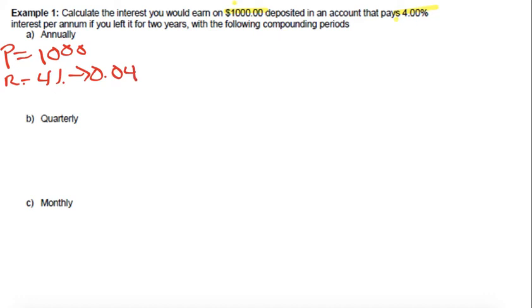N is 1 because it says your interest is compounded annually. And T is the term, which was 2 years. So now I have this lovely formula, A equals P times (1 plus R over N) to the power of N times T.